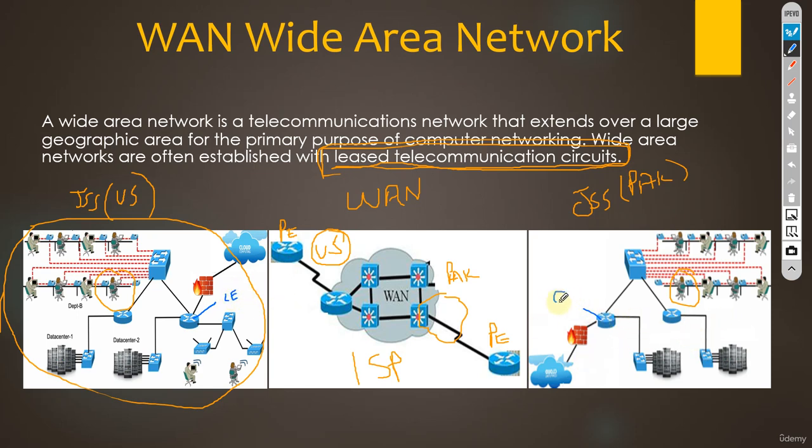This one is CE, customer edge router. So they will run some kind of configuration in these routers, which will be like a mirrored copy of each other, with some exceptions, so both routers can communicate with each other. This is how usually one network can communicate with another network, and this is how they can share information with each other using the service provider.